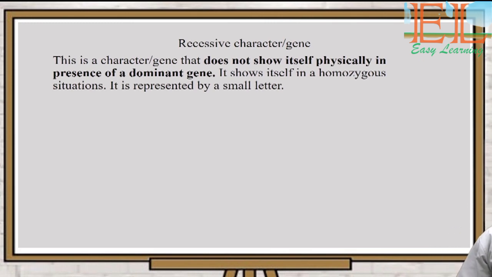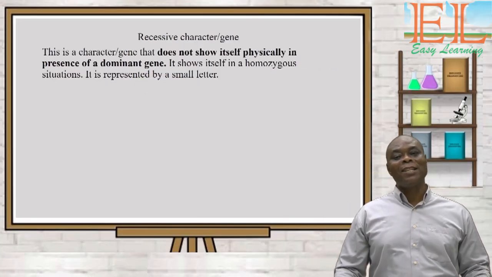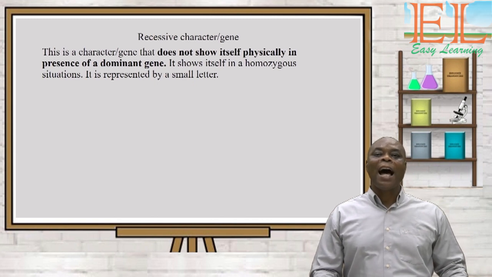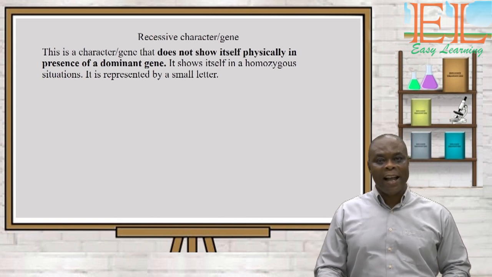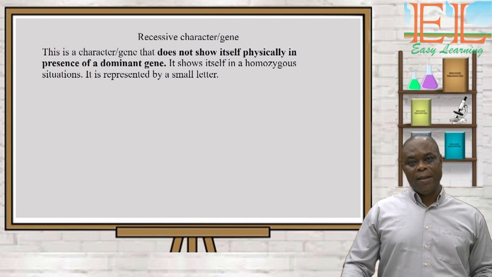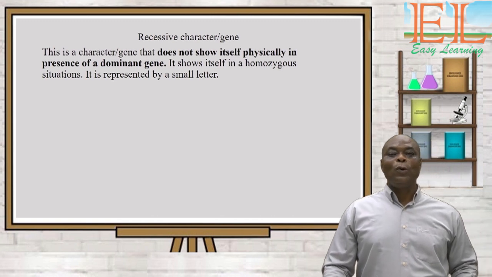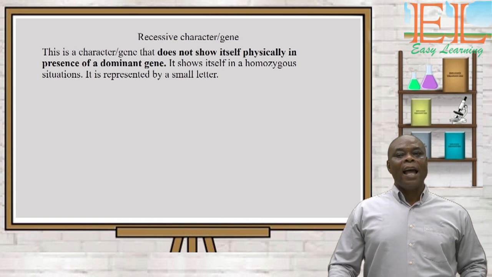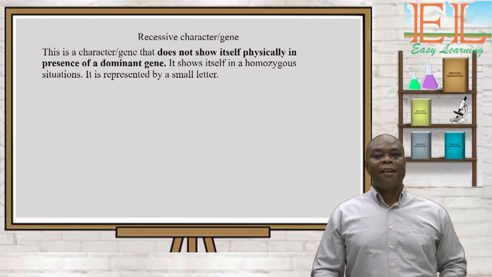Sometimes in your families, you may see that some of them look like your father, whilst others look like your mother. Those who look like your father are dominant to your father and recessive to mommy, whilst those who look like mommy are dominant to mommy's characters and recessive to daddy's characters.